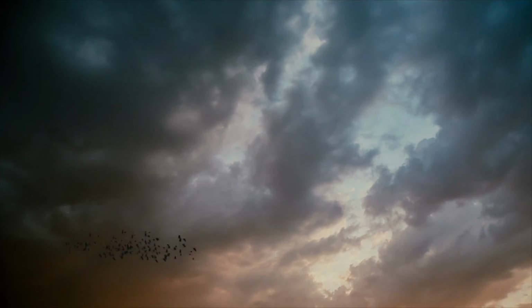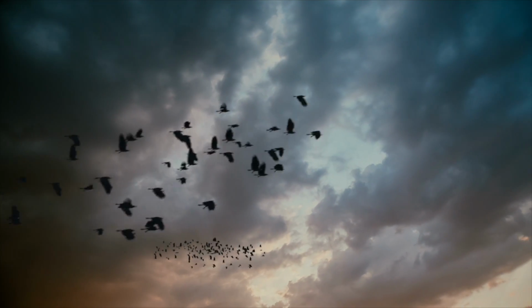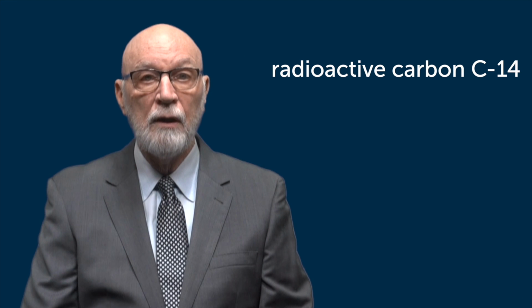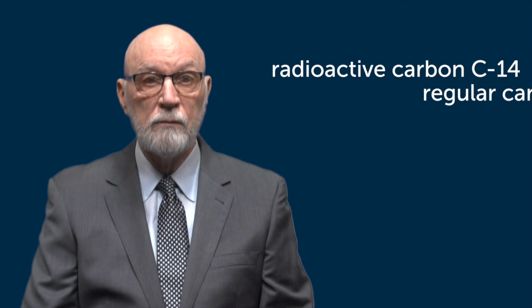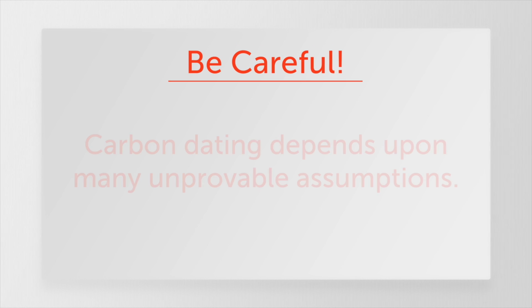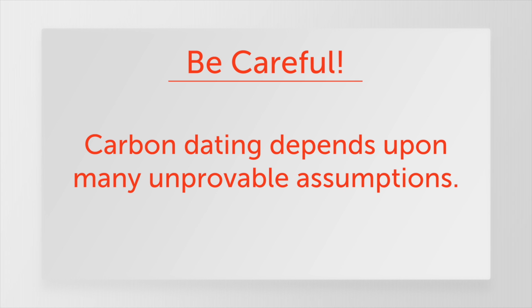Once they die, the amount of radioactive carbon slowly reduces to zero. Carbon dating compares the ratio of radioactive carbon, 14C, to regular carbon, 12C, in the item which they are trying to date. A cautionary note: carbon dating depends upon many unprovable assumptions.